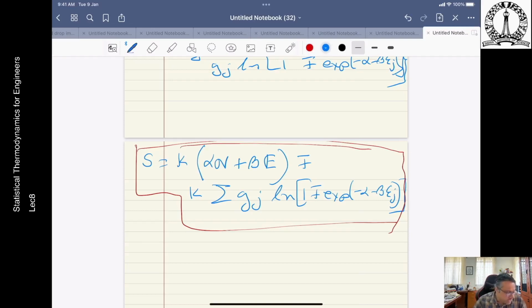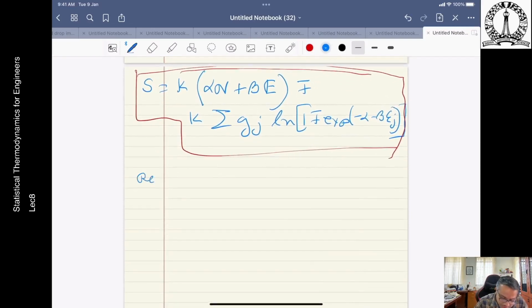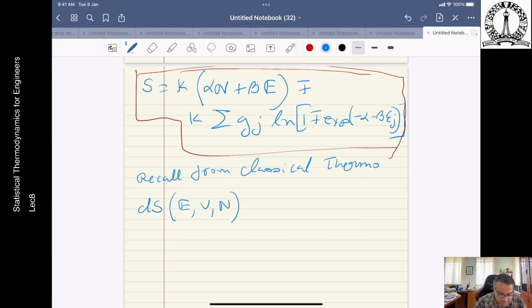In that particular case, if you recall from classical thermodynamics, this is how entropy change is written, right?